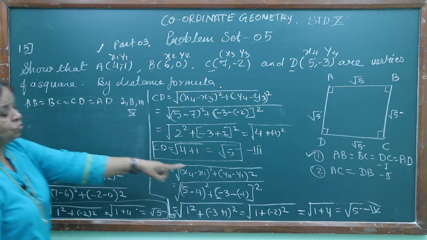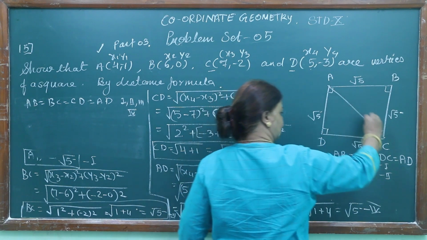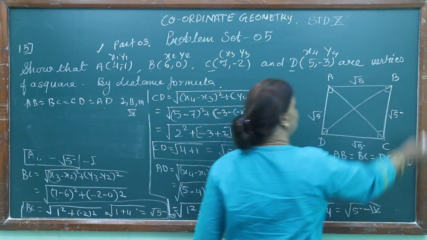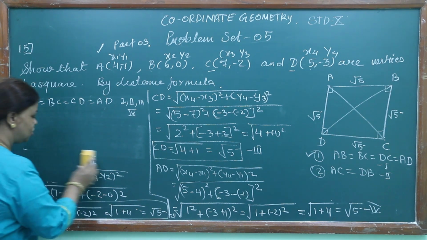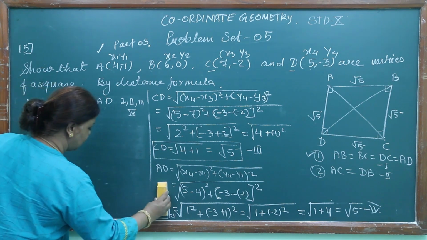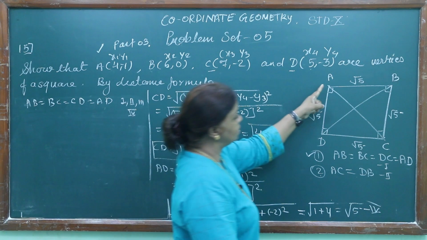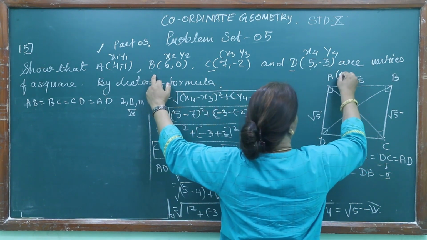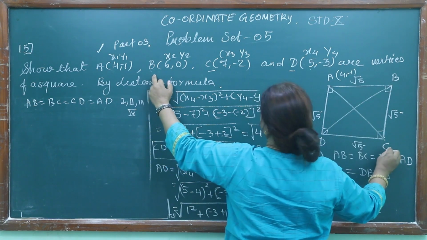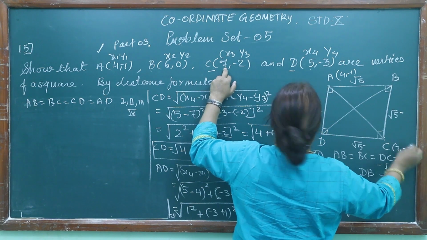Now we want to prove that AC equal to DB. This AC diagonal equal to DB. We want to prove it. So let us prove it again by distance formula, children, as we are dealing with the distance only. AC means we need to find the distance between A and C. So A coordinates are 4, minus 1 and C coordinates are 7, minus 2.